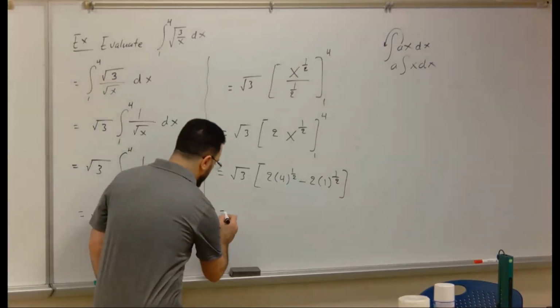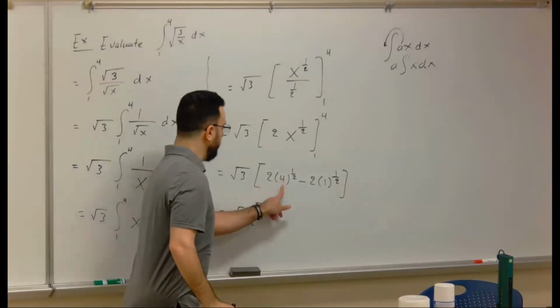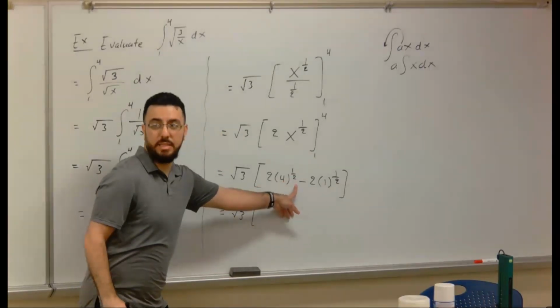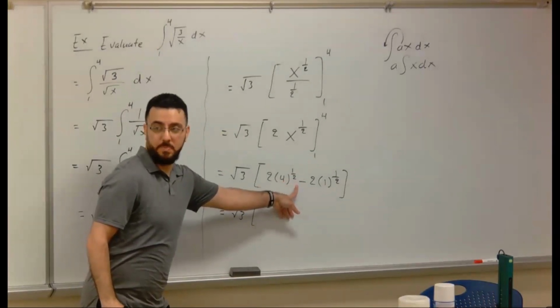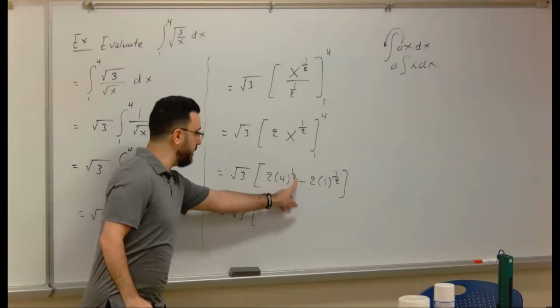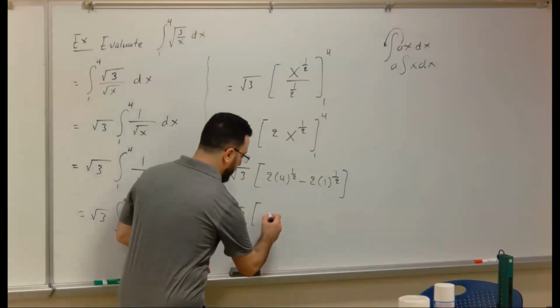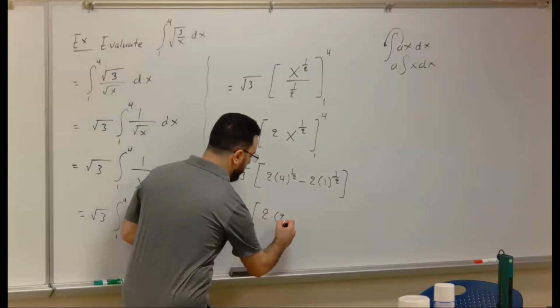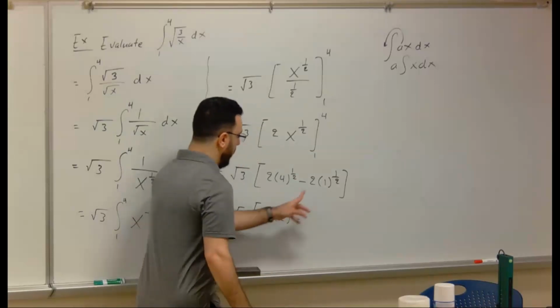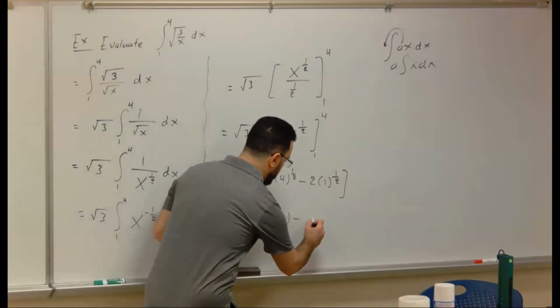Now it's going to be square root of 3. 4 to the half, does that mean the same thing as the square root of 4? Yes. You can plug it in the calculator, but 4 to the half means the square root of 4, which is going to be 2. That means it's 2 times 2, minus 1 to the power half, which is 1, times 2, which is 2.